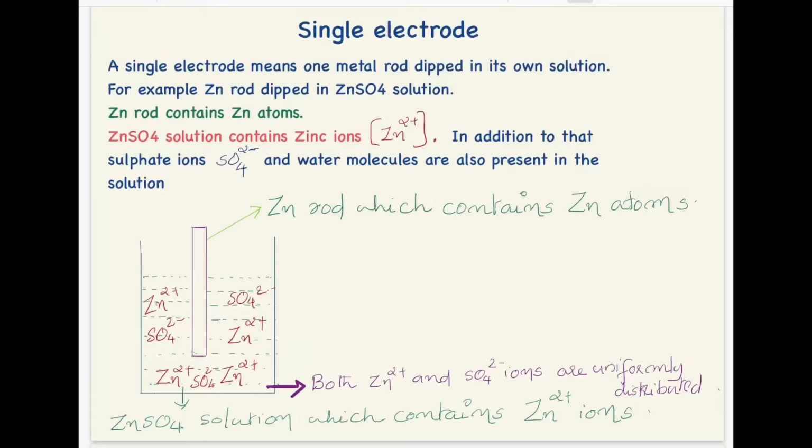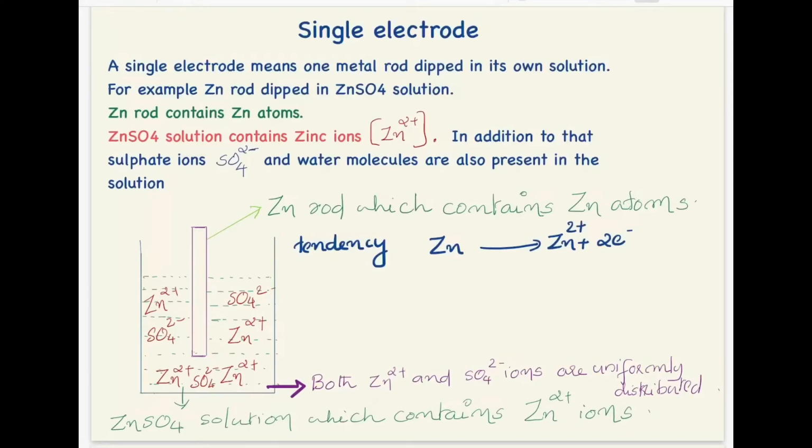Now, if you dip zinc rod in zinc sulfate solution, what are the possibilities? Whether any reaction will happen or not, that we are going to check. First, the zinc atoms in the zinc rod have a tendency, I will call it a tendency, to release two electrons and become zinc ion.